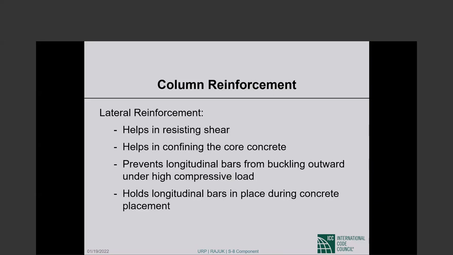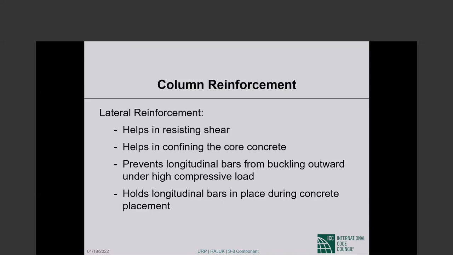Then at a very basic level, it prevents longitudinal bars from buckling outward under high compression load. Most of the bars are under compression, and the cover is thin. The bars cannot very well buckle inwards under compression because there is concrete that they would hit.